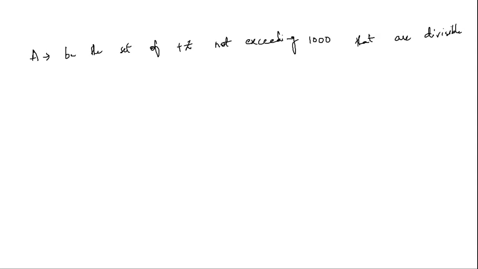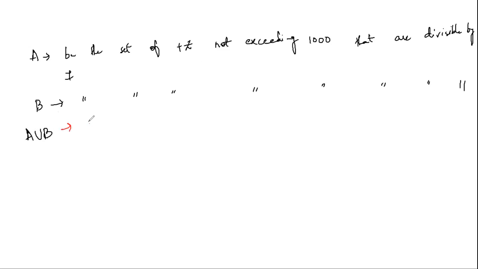Let A be the set of positive integers not exceeding 1000 that are divisible by 7, while B is the set of positive integers not exceeding 1000 that are divisible by 11. Now, what is A union B?